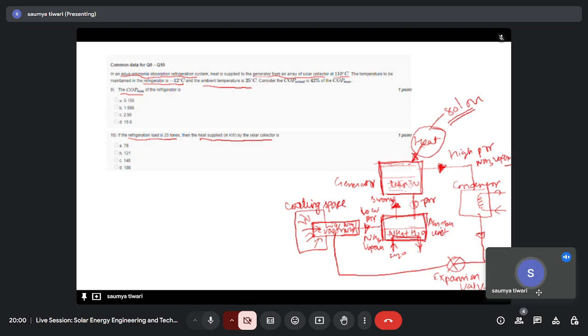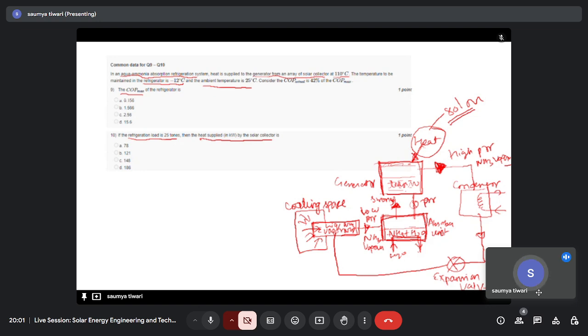The aim of using the condenser is that at this point the ammonia vapor temperature is very high, right? So we cannot feed a very high temperature ammonia into the cooling space, because in that case your evaporation will not take place as effectively as if we feed low temperature ammonia, right?